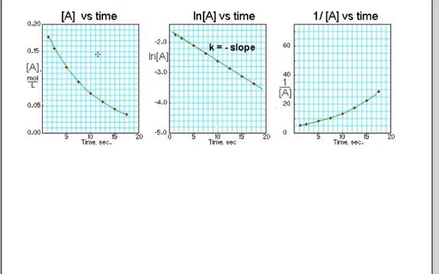If this one right here is linear, which it's not, that means that this reactant is zero order, and your rate law would be rate equals k, concentration of A to the zero order. If this one is most linear, which it is, then it's first order. So if the natural log versus time graph is most linear, the rate law would be rate equals k, concentration of A to the first.